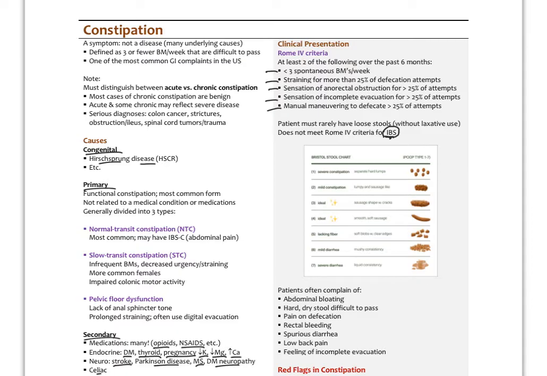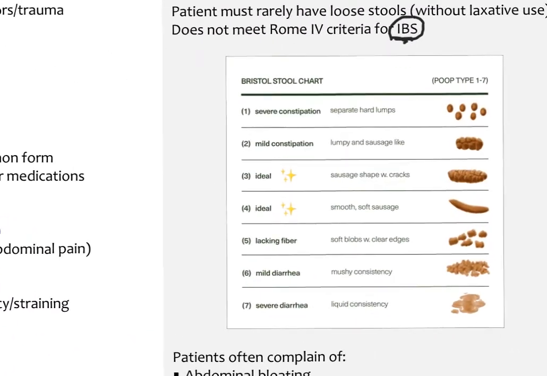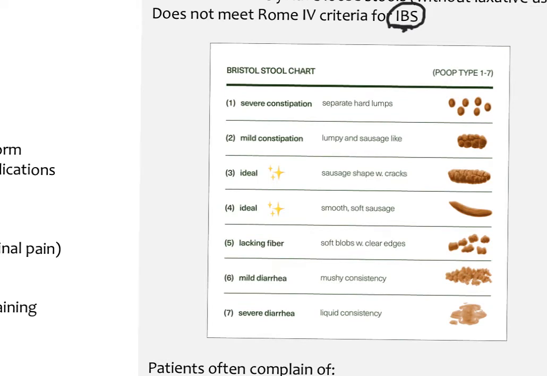We often use the Bristol Stool Chart to help a patient tell us about their stools, and we basically have little printouts for them. In severe constipation, the stool is often what we call Bristol Stool 1. It's rabbit pellet-like, versus the other end, which would be Bristol Stool 7, severe diarrhea.